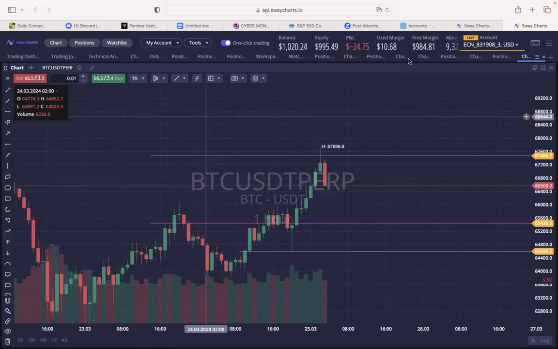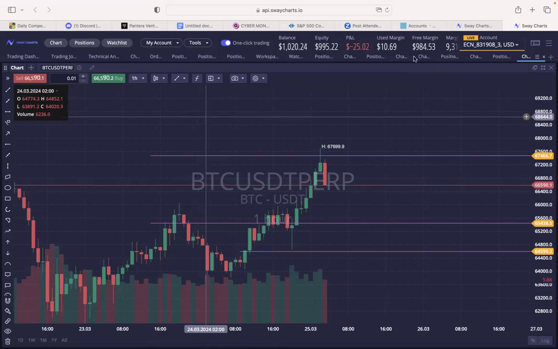Your used margin is basically how heavy you are in the market. So if you've only used $10, it says you still have free margin out of this balance. I have a free margin of 984, so I can continue to take on positions.